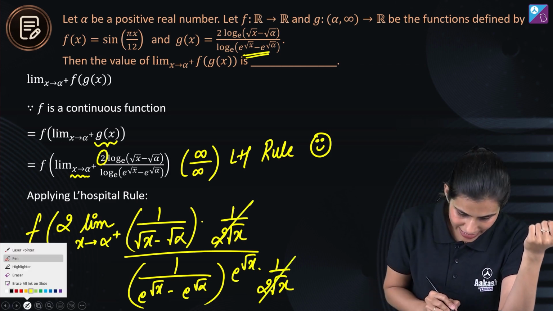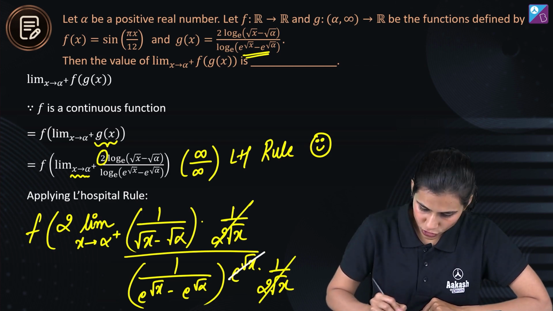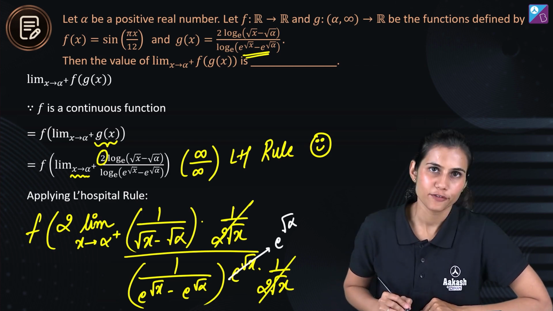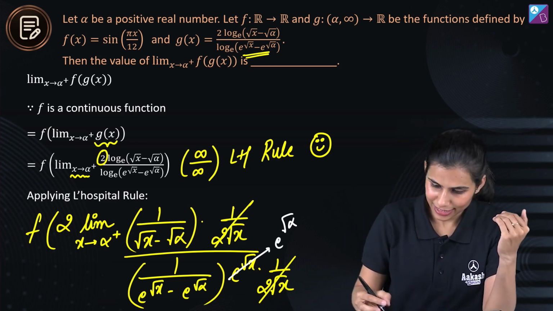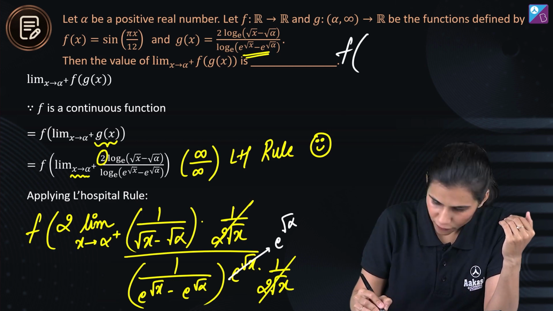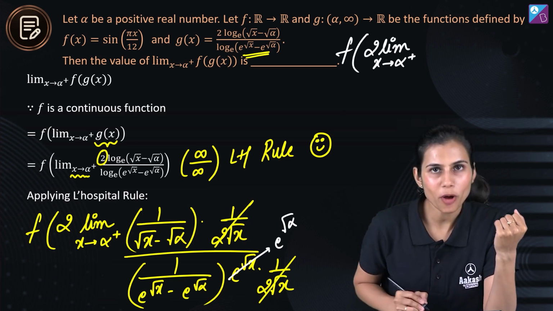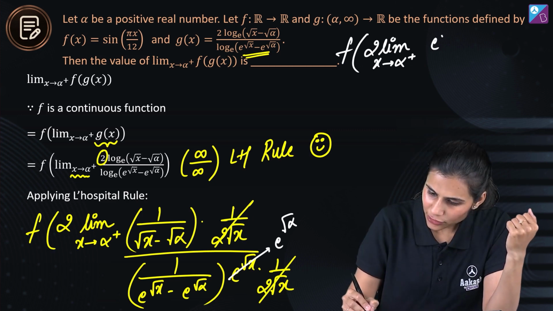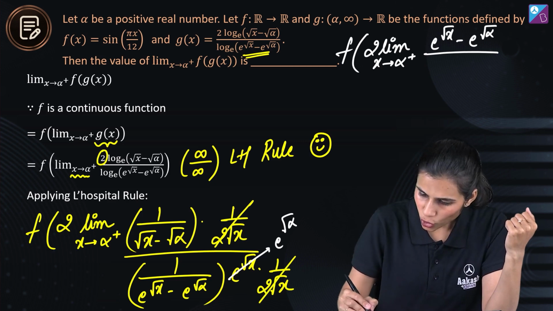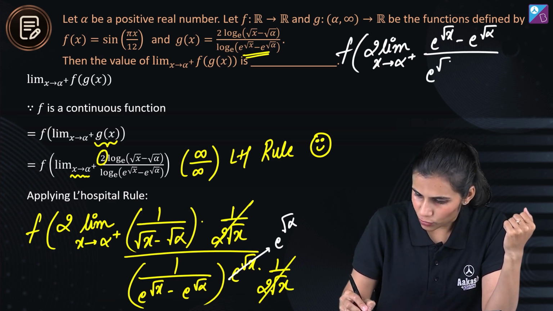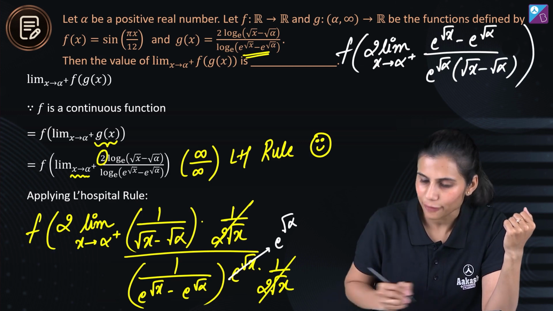You can see as x approaches alpha, e to the power root x will approach e to the power root alpha. Now if I simplify this entire expression, what will I get? I will get f of twice of limit x tends to alpha from the positive, and I will have e to the power root x minus e to the power root alpha whole upon e to the power root alpha multiplied with root x minus root alpha.